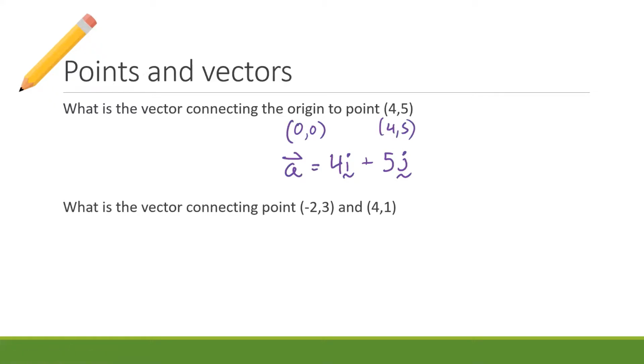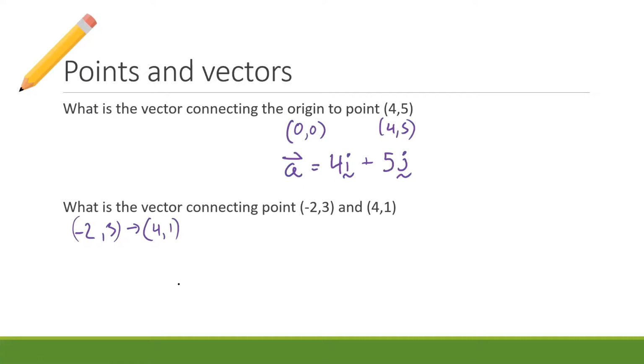Now, the vector connecting negative 2, 3 to 4, 1, what will that look like? Well, let's have a look. You could say, well, how much have I gone if I go from negative 2, 3 over to 4, 1.